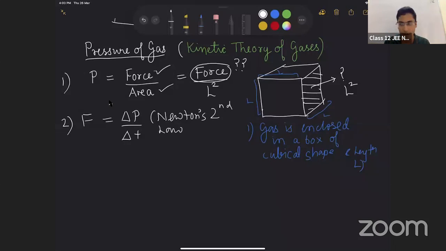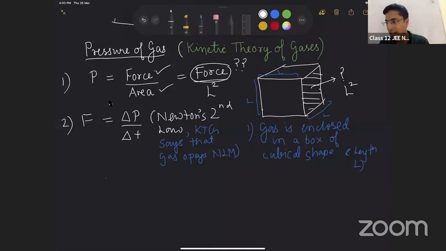And in kinetic theory of gases, KTG says that gas molecules obey Newton's laws of motion. So this is what we are deriving from KTG, right? That is one of the postulates. So this is the first postulate that's used.